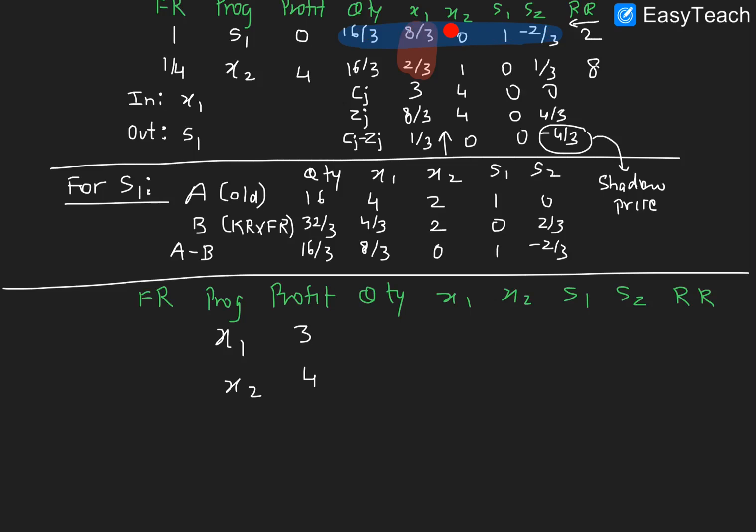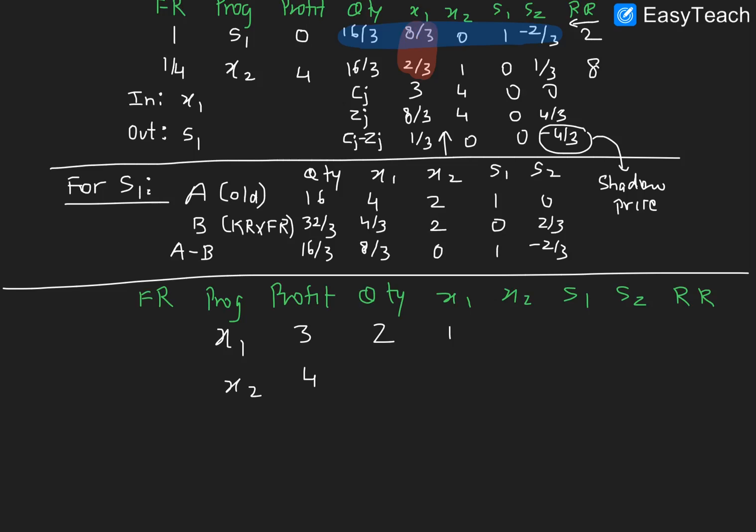Then we see that this is the key row in the previous table, and we know how to fill it. How do we fill this row which was earlier a key row? We simply divide throughout by the intersection value. So that's going to be 16 by 3 divided by 8 by 3, which is 2.